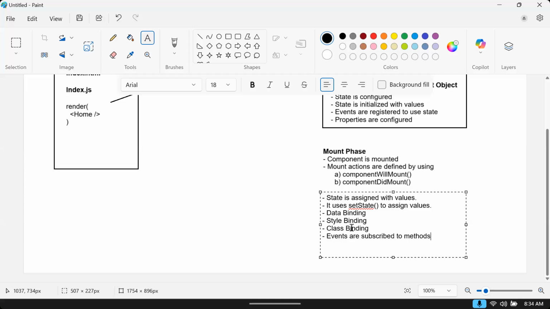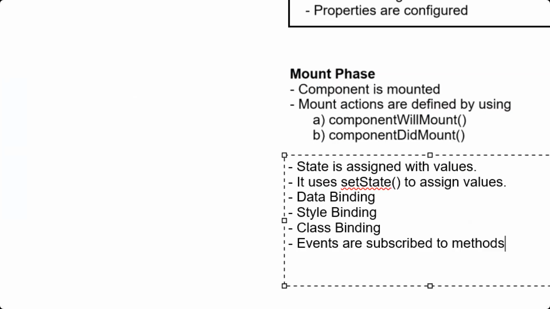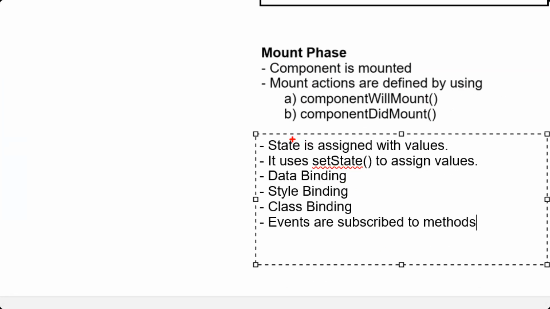So what happens in this mount phase? State is assigned with values. Data binding will happen. Data binding is nothing but bringing the data from state and displaying it in the UI. Bringing the styles and applying them, and bringing the classes and applying them. All this happens in which phase? Mount.